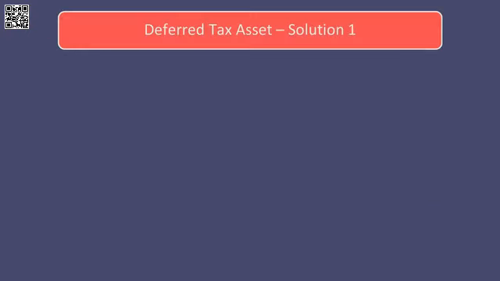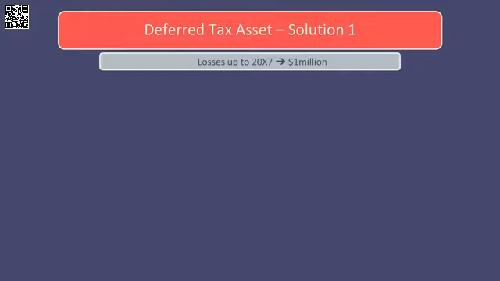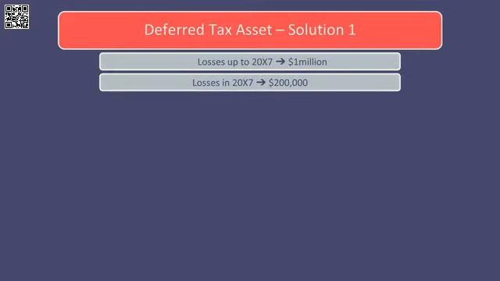So what have we got here? We have losses up to 20x7 of $1 million and then a further loss of $200,000. These losses can be carried forward and put against the company's future profits, reducing the future tax bill.